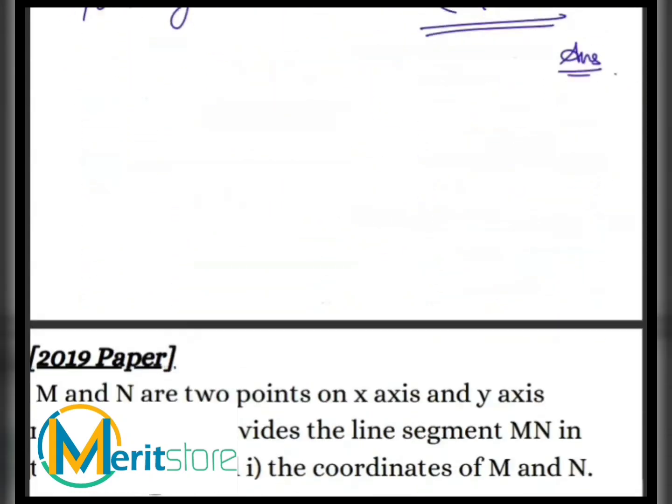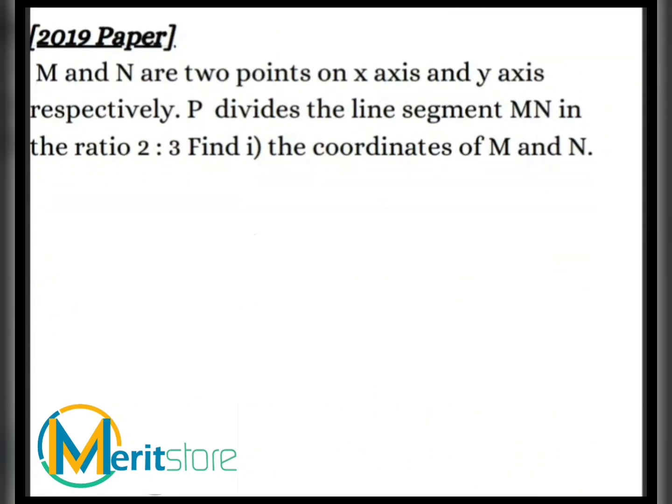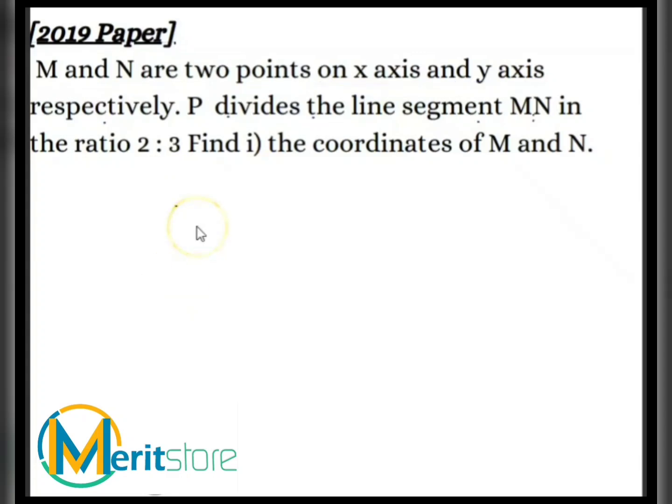Okay. Here we have the next question, which is from 2019. It says M and N are the 2 points on x-axis and y-axis respectively. P divides the line segment MN in the ratio 2:3. Find the coordinates of M and N. So let's draw our x-axis and y-axis. This is y. I'm going to draw x here. M, they're saying it's on x-axis, so M should be here on the x-axis and N is on y-axis, it's written.